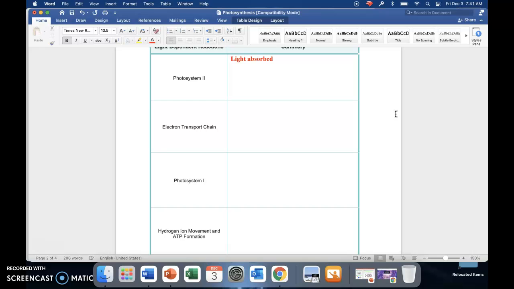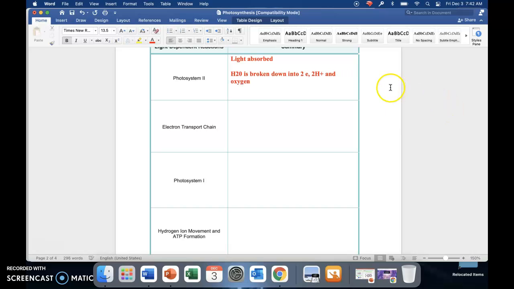As a result, the second thing that's very important that you know is that the H2O, water, is broken down into 2 electrons, 2 hydrogen ions, and oxygen.